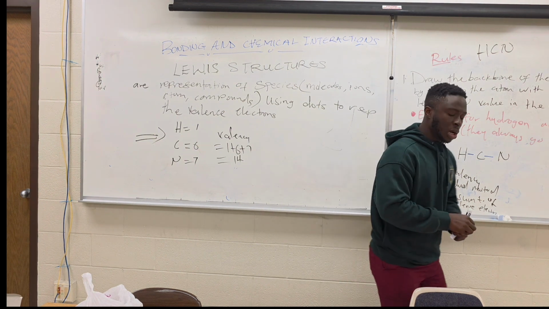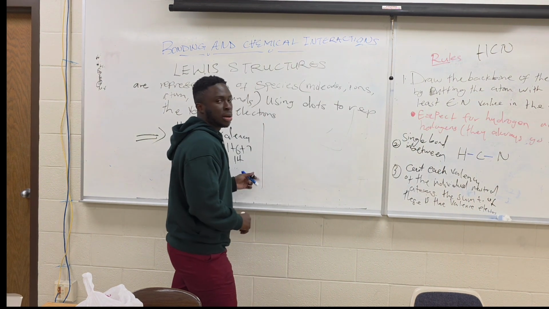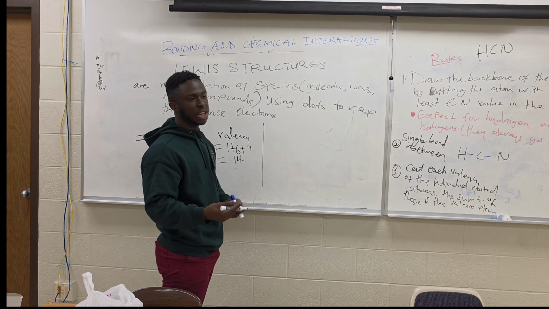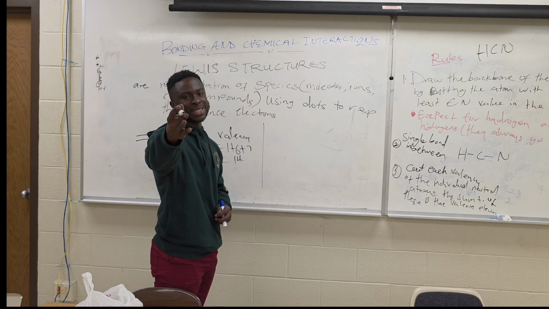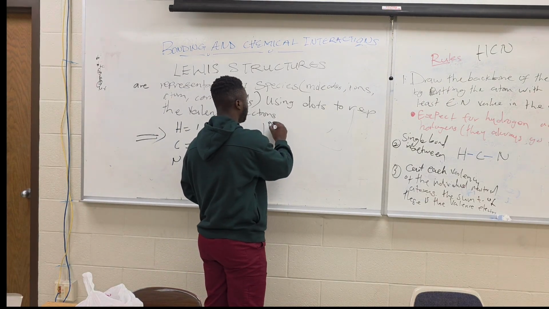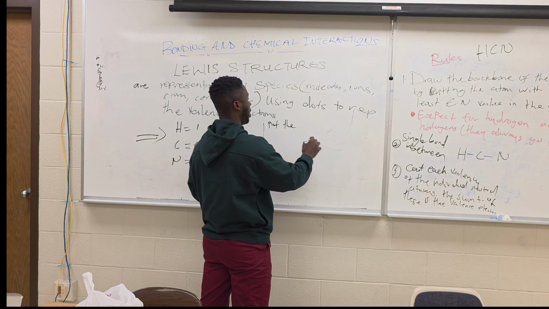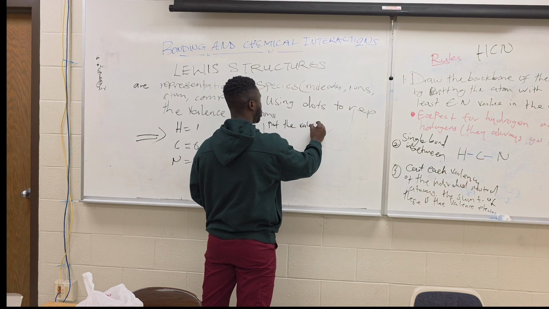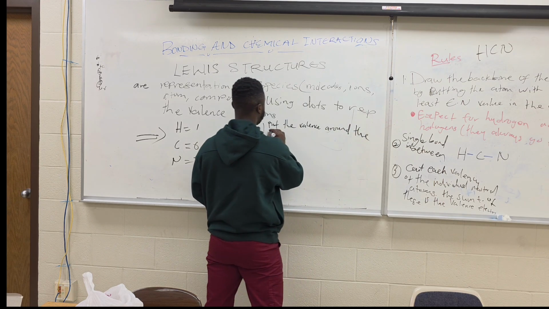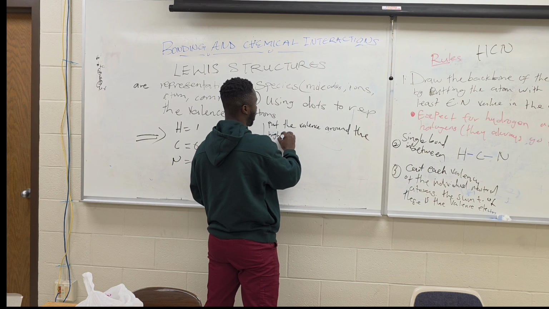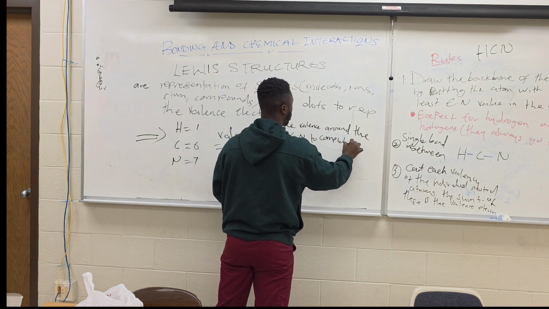Now, the next rule is that once you have your valency, start putting lone pairs of electrons on the next highest electronegative atom to complete its octet. So put the valence electrons around the one with the highest electronegativity to complete the octet.